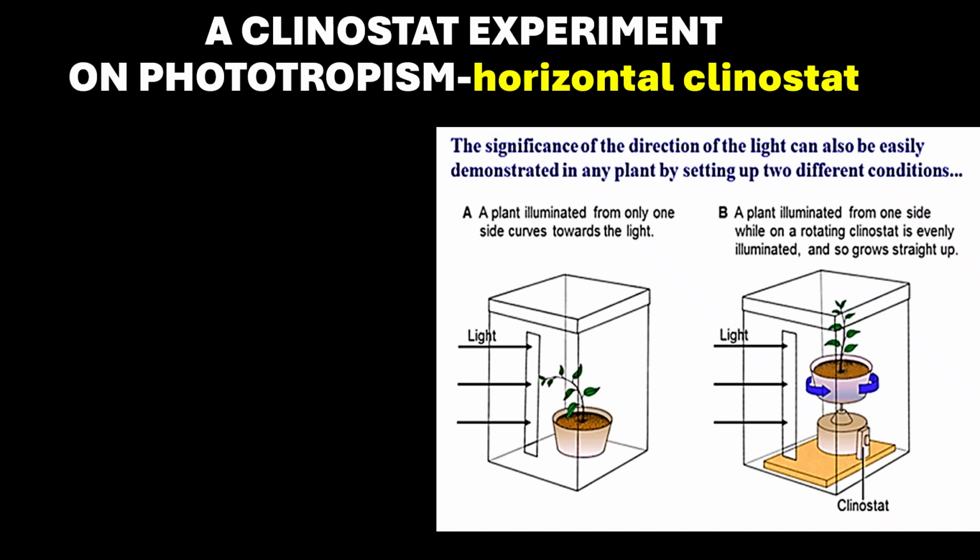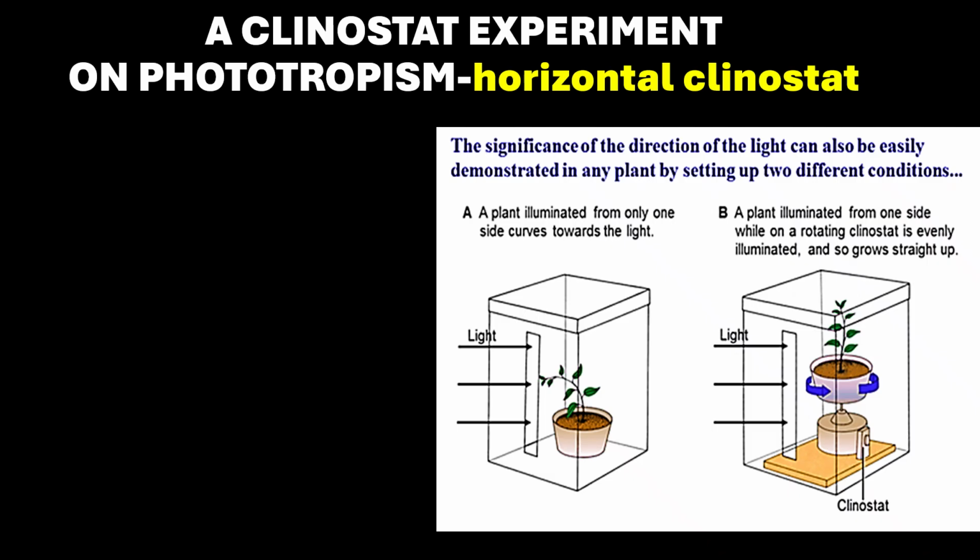However, plant B was placed on a clinostat. A clinostat is a device that is able to rotate. So instead of keeping the plant stationary like A, where only one side will receive light and the other side will be in the dark, in plant B, the plant was rotating.